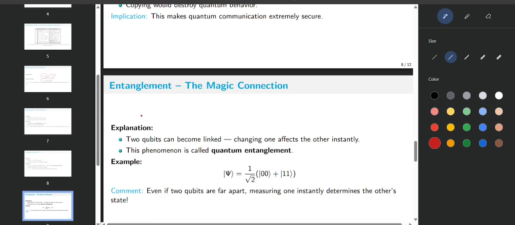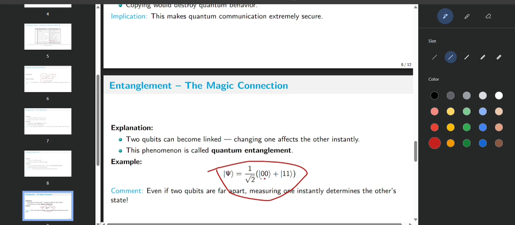Moving on to entanglement, a quick recap. Entanglement is like a quantum friendship. When two qubits become entangled, changing one automatically affects the other, even if they are kilometers apart. For example, this is the combined state: ket psi is equal to 1 by root 2 times ket 00 plus ket 11. It means if the first qubit is 0, the second qubit is also 0.